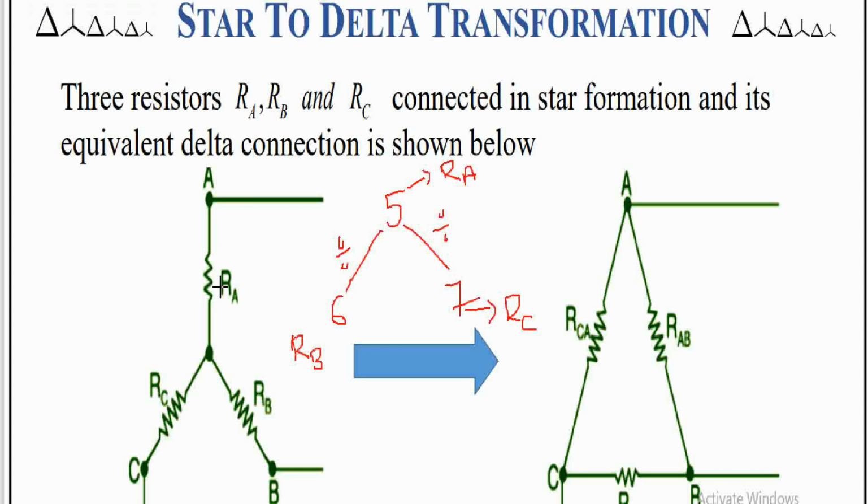It means that we are going to divide RA with RB, RA with RC. From that, by doing 5 by 6, you will get one equation, and 5 by 7, you will get one more equation. By using those equations, we are going to find RBC.